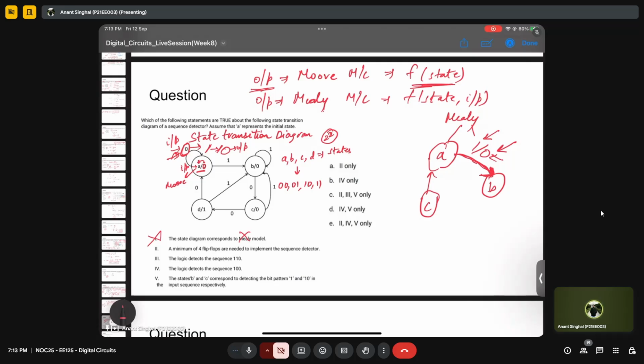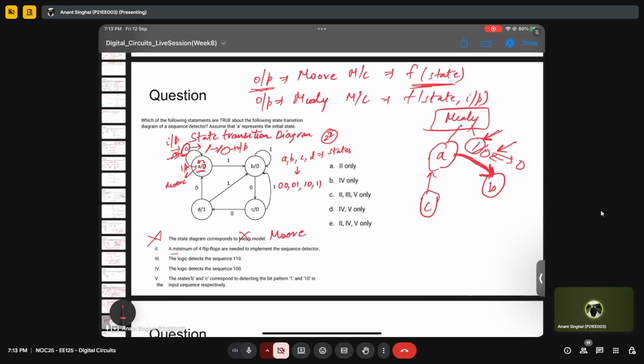Does this make sense? When the input is 1, the state transitions from A to B. So it is dependent upon the input, then the state as well, and then the output is 0. Is this clear to you? Yes, sir, thank you. So then it is a Mealy machine. But in this particular case, it is not happening like that. So this is a Moore machine.